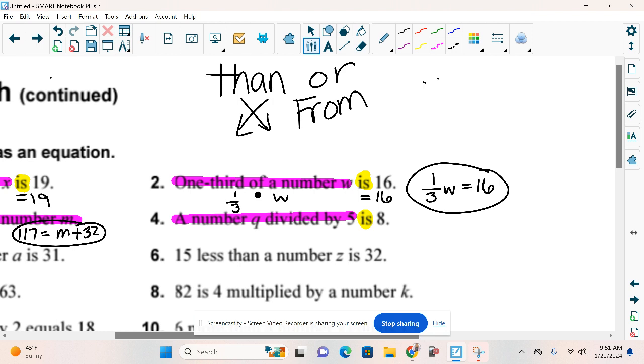What's our key word here? It's pretty clear. Divided, right? So q divided by 5. What's another way we could write this? Q fraction 5. Q over 5 equals 8.